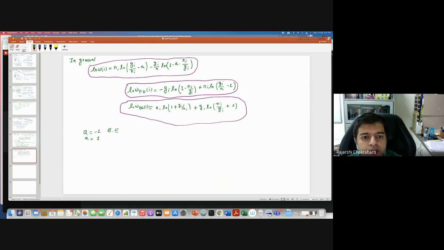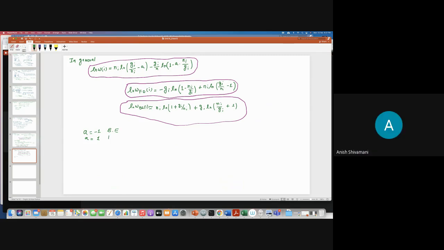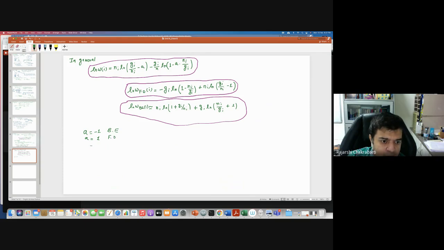Fermi-Dirac, isn't it? Yes, sir. And if A equal to 0, what am I going to get? This is Maxwell-Boltzmann.